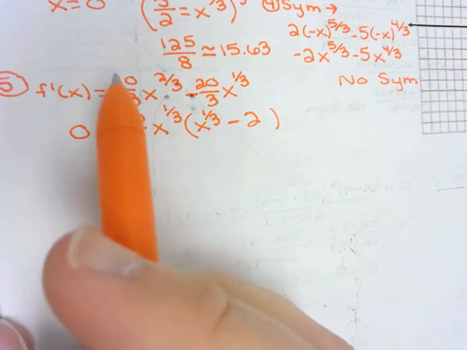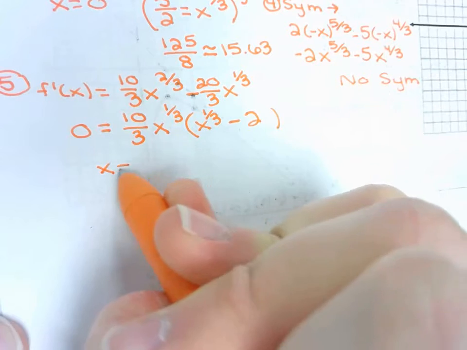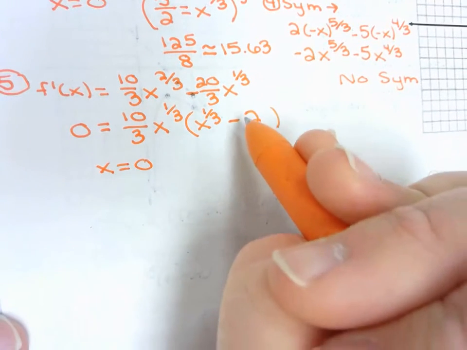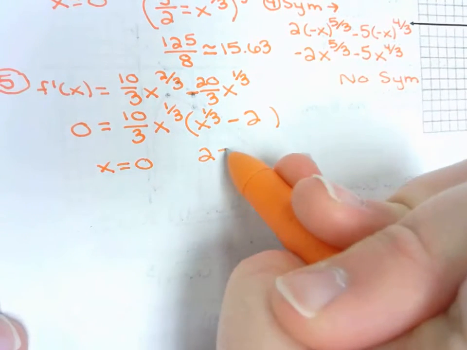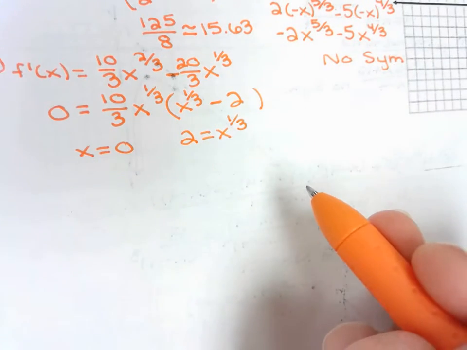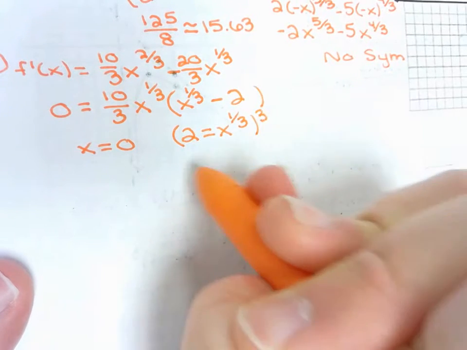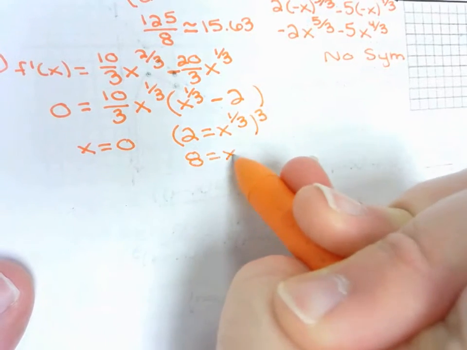If I take my first part equal to 0, I'm just going to get x equals 0. If I take the second part, add 2, so 2 equals x to the 1/3. Do what to both sides? Cube both sides, so 8 equals x.